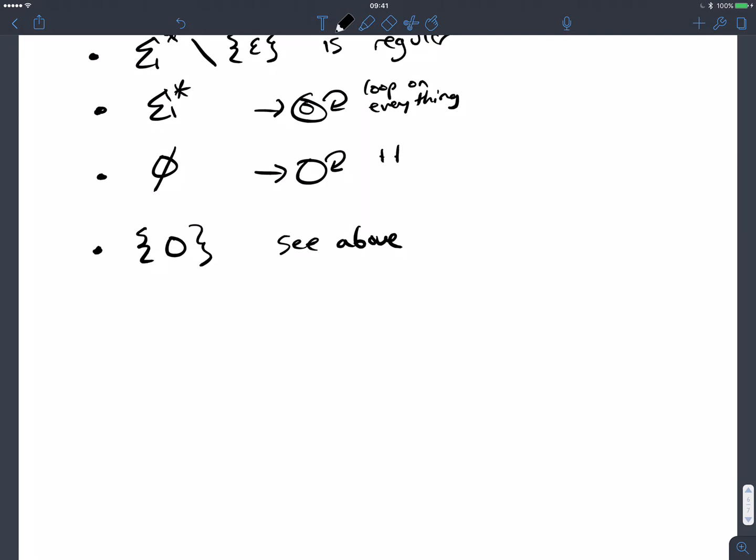So for roughly the next 2 weeks, we're going to be studying regular languages and what properties they have. And then I'll give you a little outline of the class. We're going to be studying regular languages for a while. And then at some point, we're going to say, oh, there are some languages that are not regular, so there's no DFA that could recognize them. Okay?